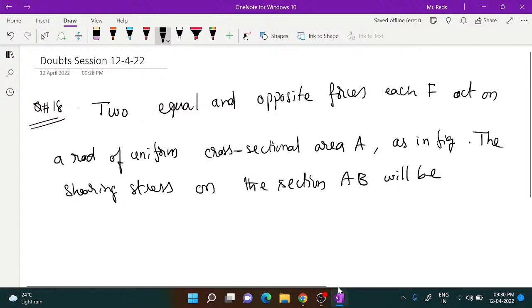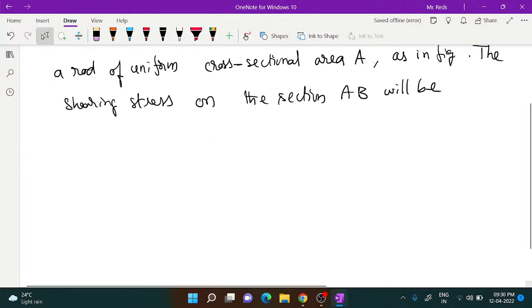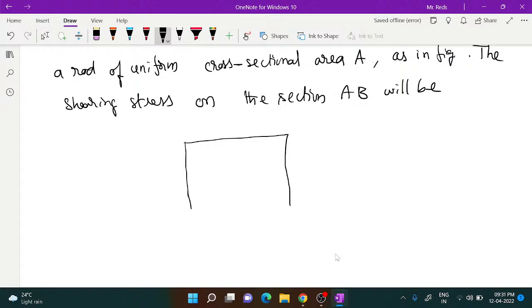So the figure is given like this. This is the cross section. This is the block. On this face, the force F acts, and on the opposite face, an equal force acts in the opposite direction.